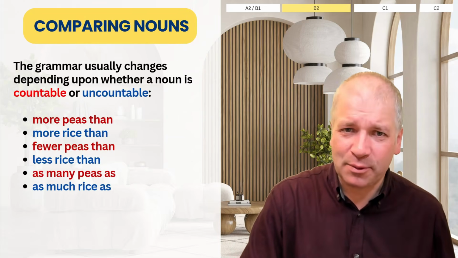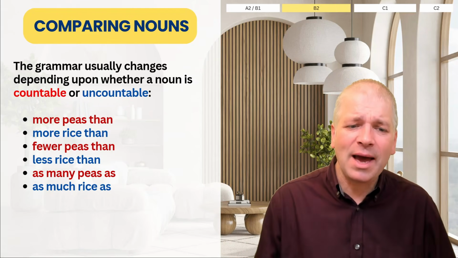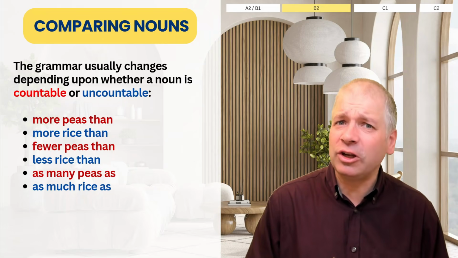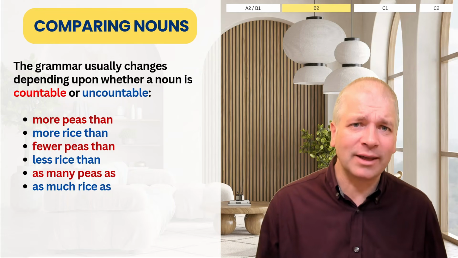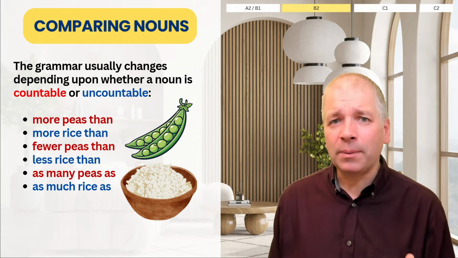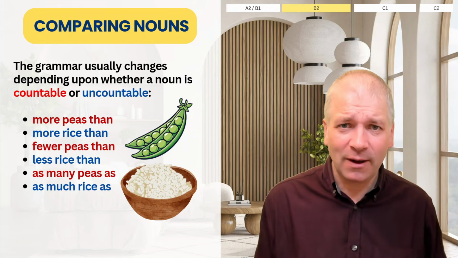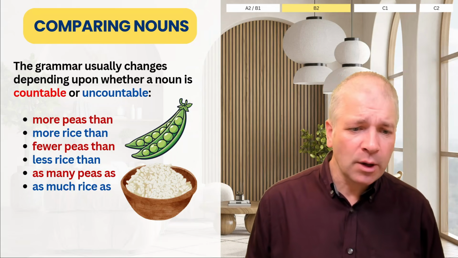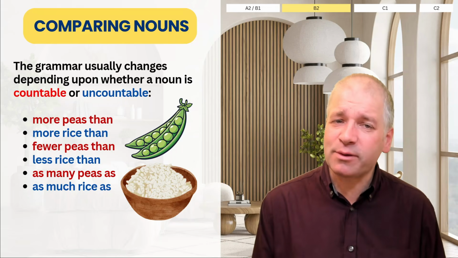How about nouns? Because we don't just compare adjectives. If you want to compare nouns, the grammar usually changes depending upon whether a noun is countable or uncountable. Now, peas we normally count. 1 pea, 2 peas, 3 peas. But rice we don't normally count. And that affects the words we use. So more peas than and more rice than is the same.